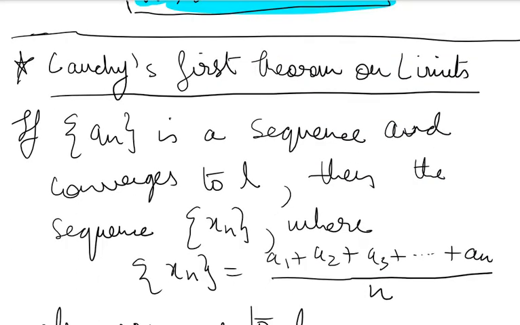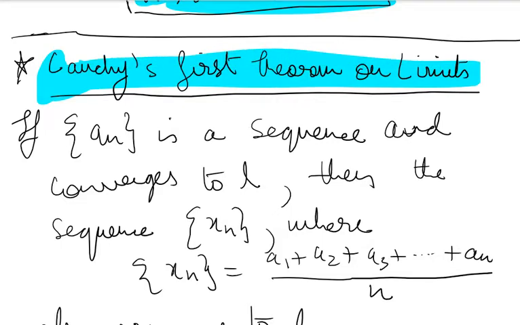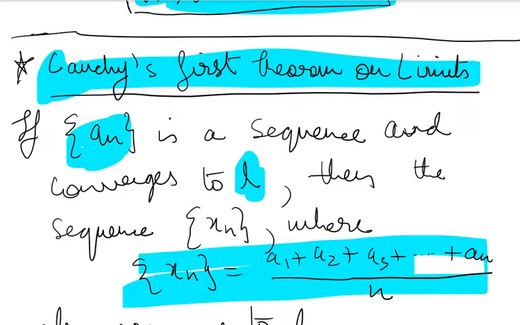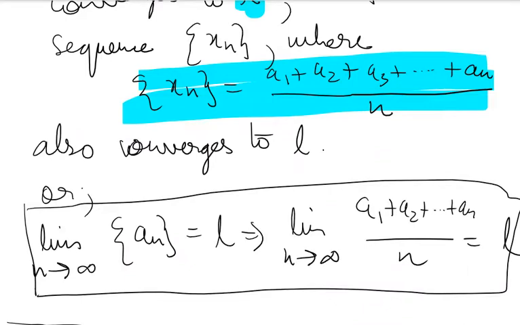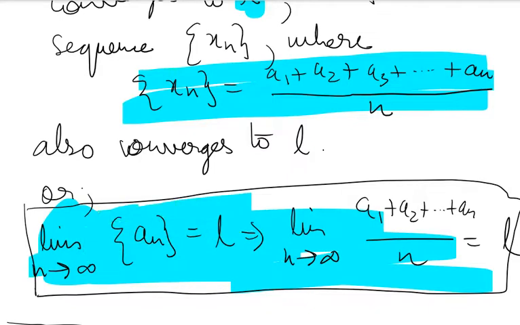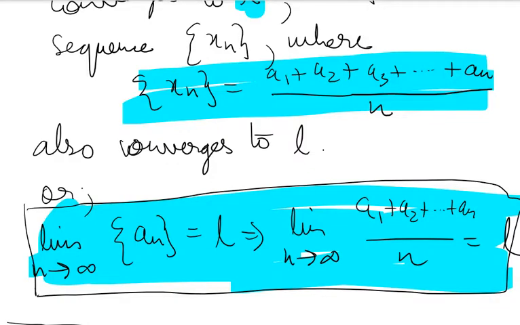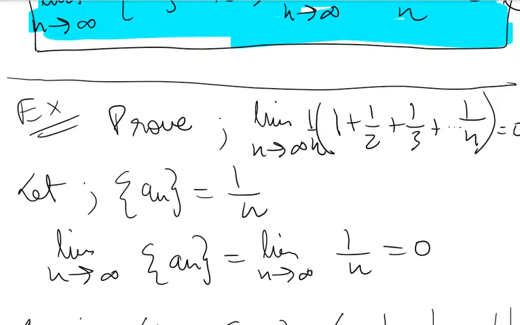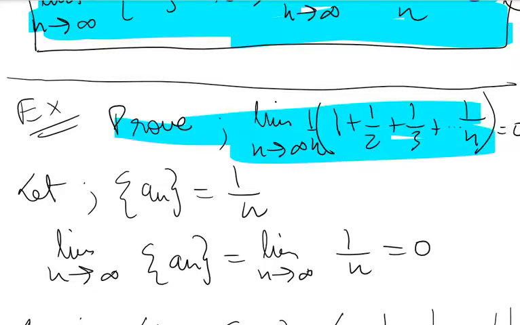Next, Cauchy's first theorem on limits. What does Cauchy say on limits? That if there is a sequence and it converges to L, then xn, when it is given in this way, will also converge to that L. This is the short form of what you will be writing. Now the converse, the opposite of this, there is a proof. I have also proved it, so please check the proof.